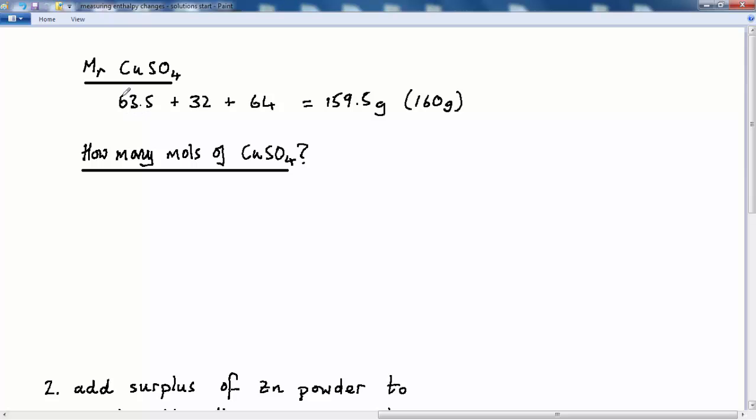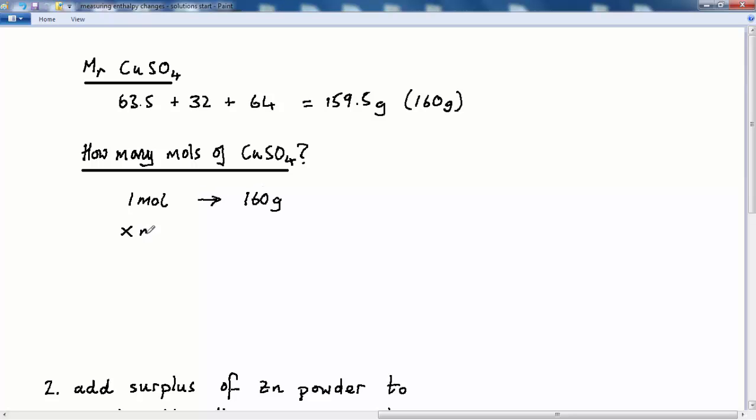To do that we need to know the formula molecular mass for copper sulfate, and I've done that for you here. 63.5 for copper, sulfur 32, and 4 oxygens is 64. That gives us 159.5 grams. We'll just call that 160 grams to keep things simple. We want to know how many moles of copper sulfate I've got. Well, 1 mole of copper sulfate weighs 160 grams.